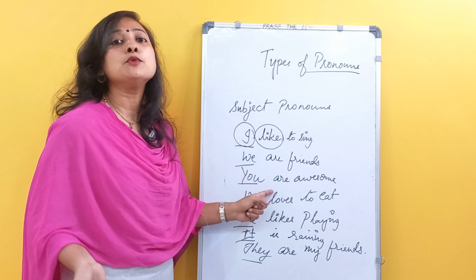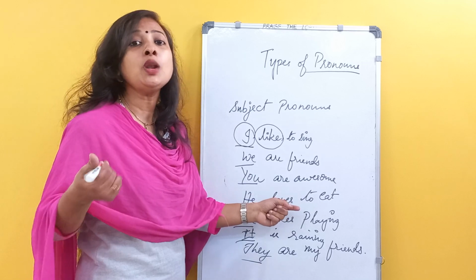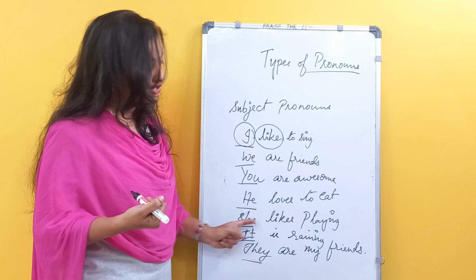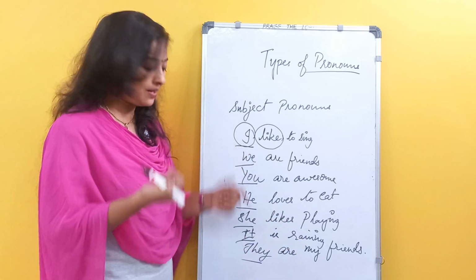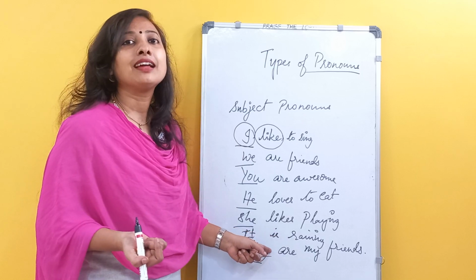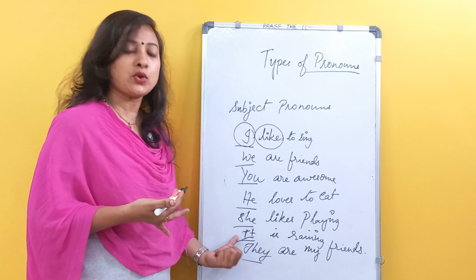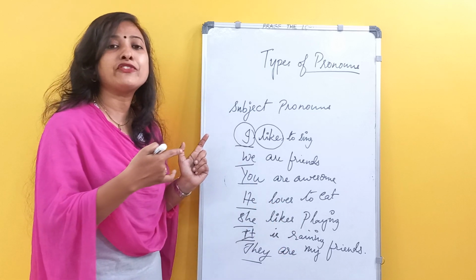You are awesome. Who is awesome? You. Similarly, he loves to eat. Who loves to eat? He is the subject. She likes playing. Who likes playing? She is the subject. It is raining. What is happening? It. So, they are my friends. Who are your friends? They.